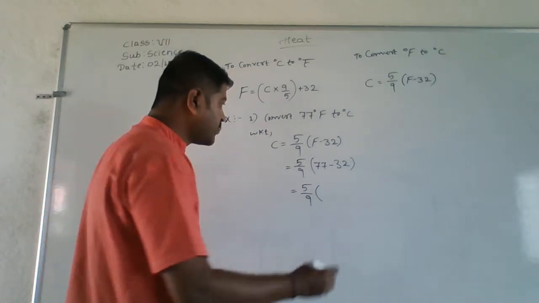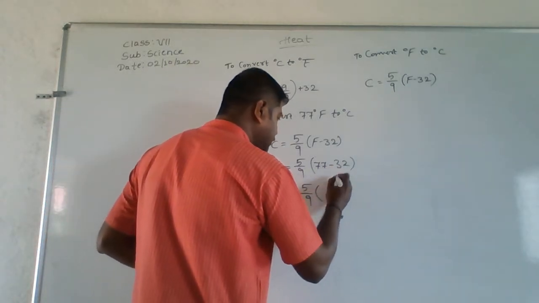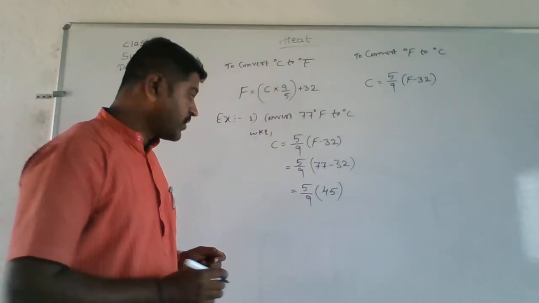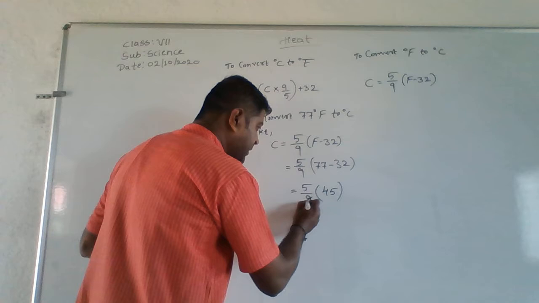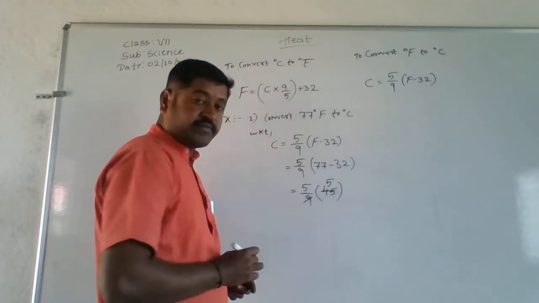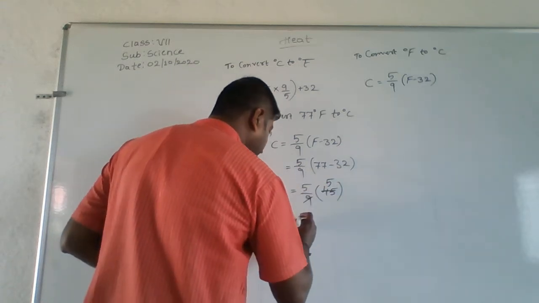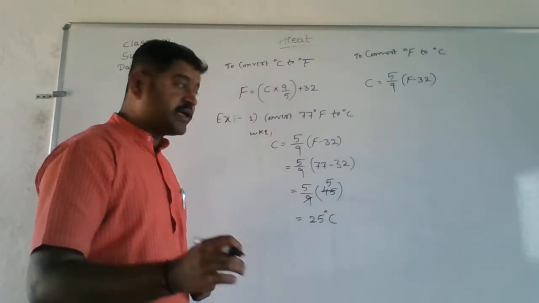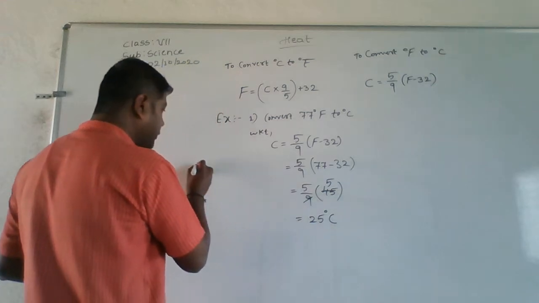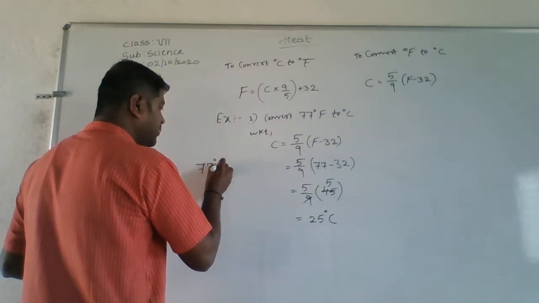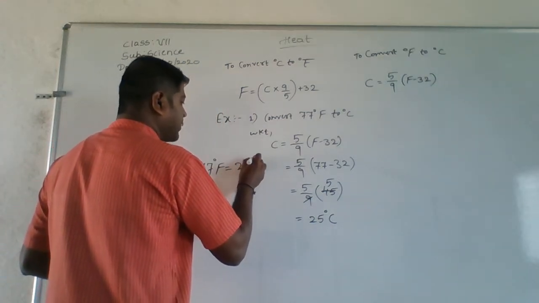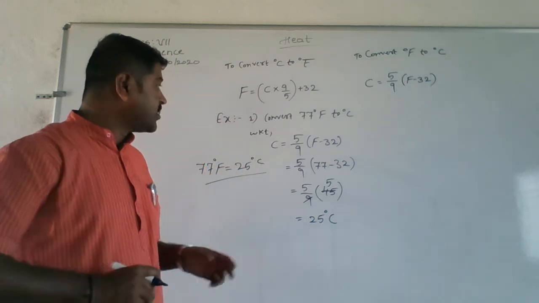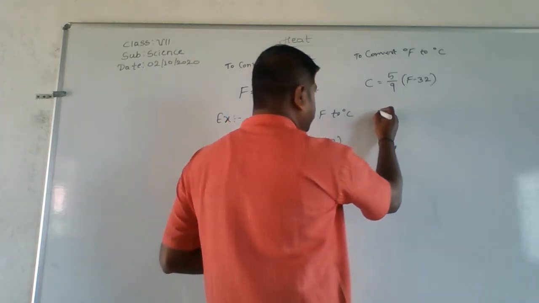How much it is going to give? 45. And now we know that 9 fives are 45. So that is 5 into 5 gives you 25 degree Celsius. That means this 77 degree Fahrenheit is equal to 25 degree Celsius. Is that clear?